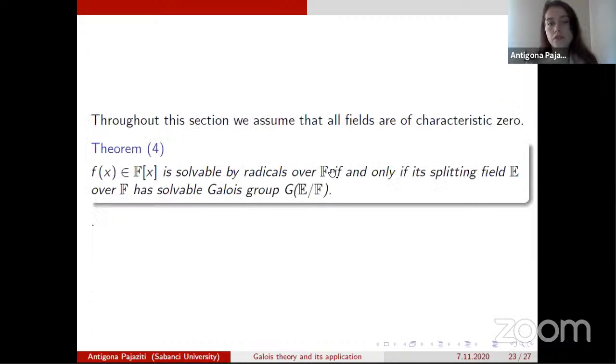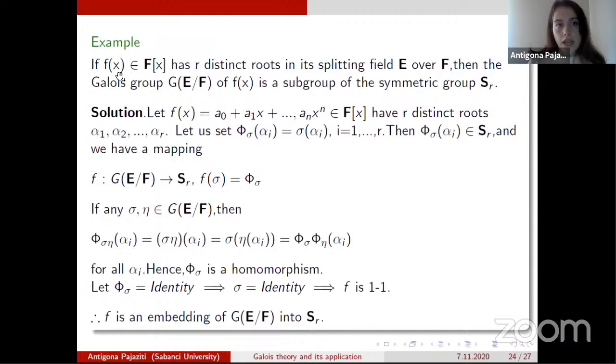Before I continue here, because we are going to mention the Galois group, I gave an example which shows that if f of x has r distinct roots in its splitting field E over F, then the Galois group of f of x is a subgroup of the symmetric group S sub r.